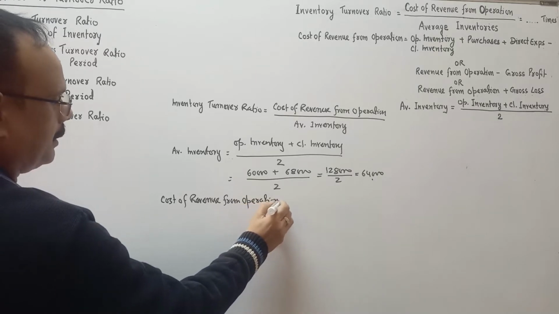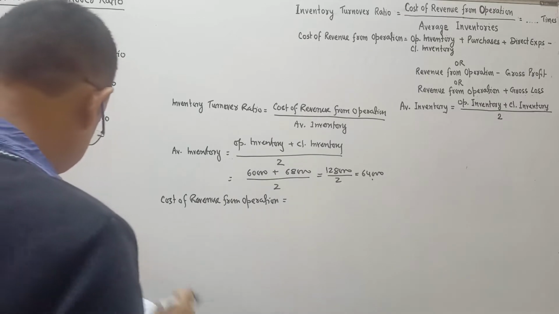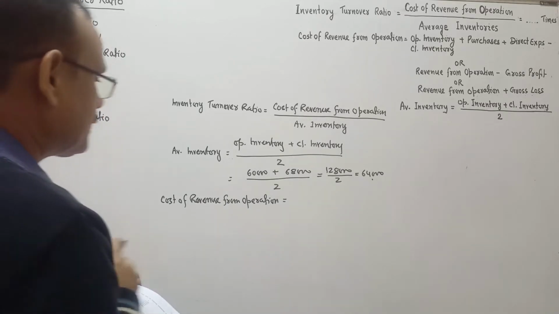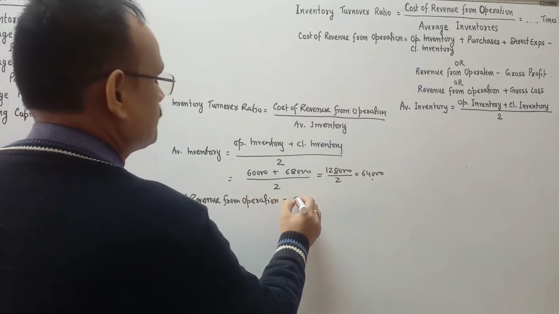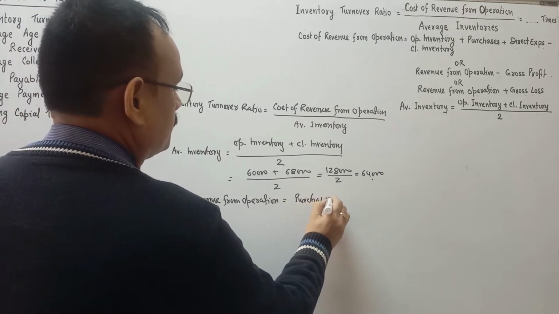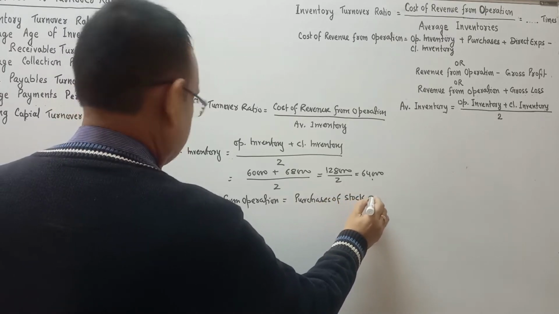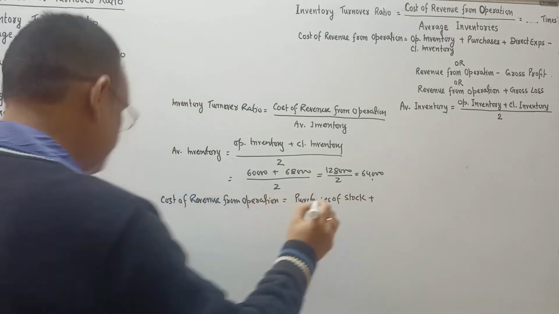Okay, here for cost of revenue from operation, you see purchase of stock is given in the expense. First you will write the purchase of stock plus change in inventory.